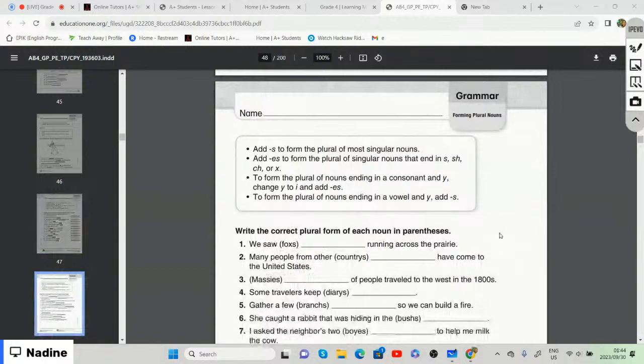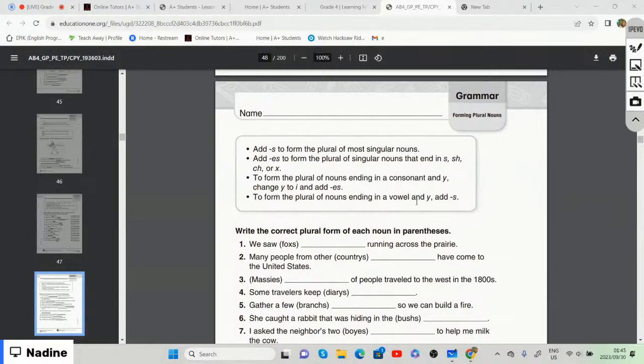So now, we basically add s to form a plural of most singular nouns, and we add es to form plurals of singular nouns that end in s, sh, ch, or x. And to form the plural of nouns ending in a consonant y, you need to change the y.